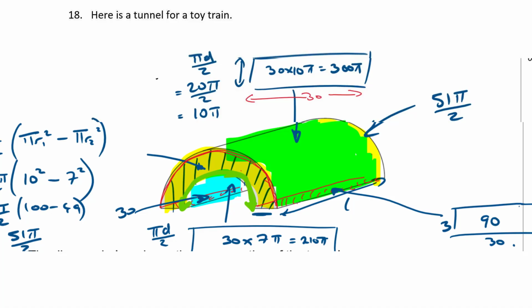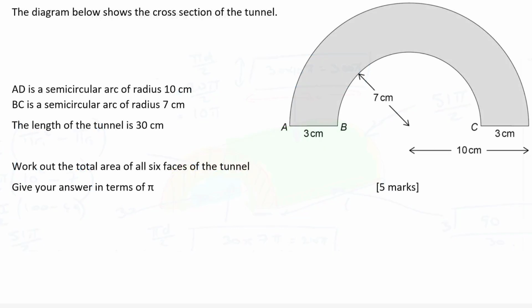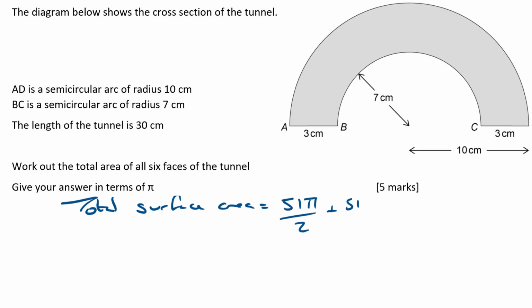Okay, so what are my 6 faces then? So then the total surface area, I'm going to add those 6 things together. So I'm going to have 51 pi over 2 twice. So it's going to be my 51 pi over 2 and another 51 pi over 2.